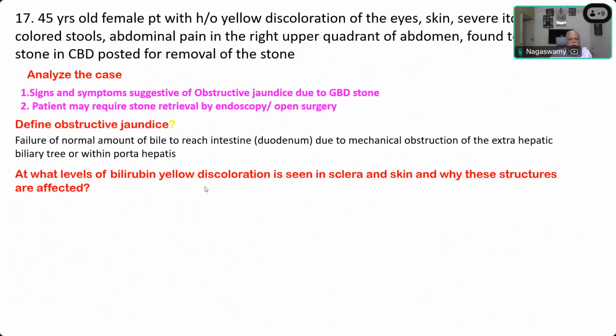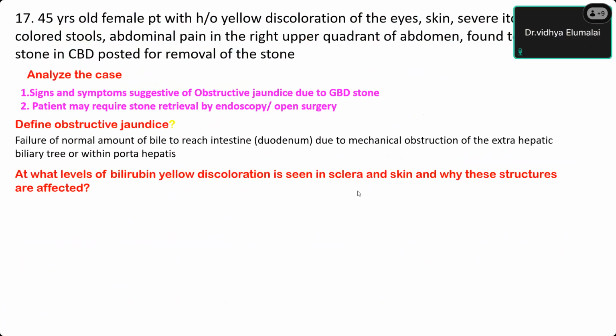At what levels of bilirubin is yellow discoloration seen in the sclera and skin, and why are these structures affected? Why do you see the yellow discoloration mainly in the sclera and skin?